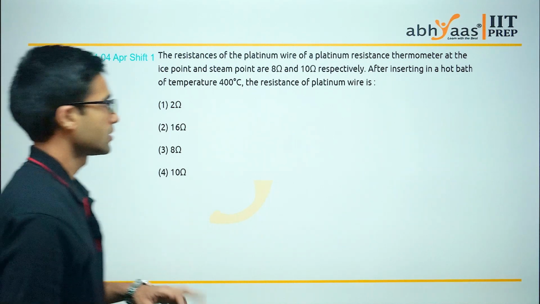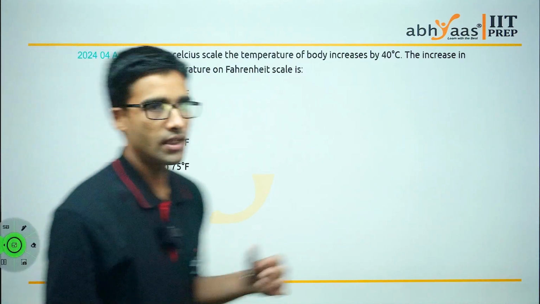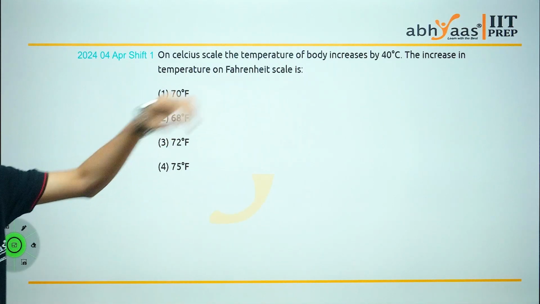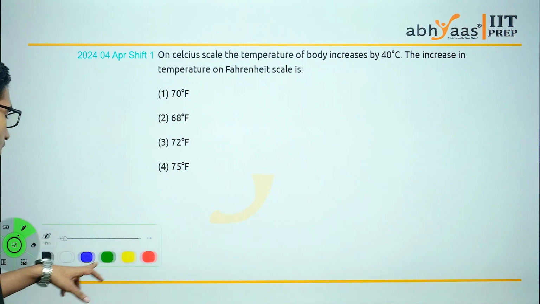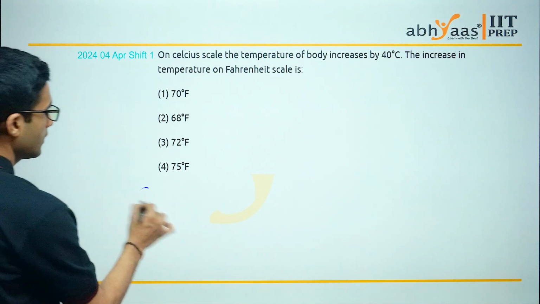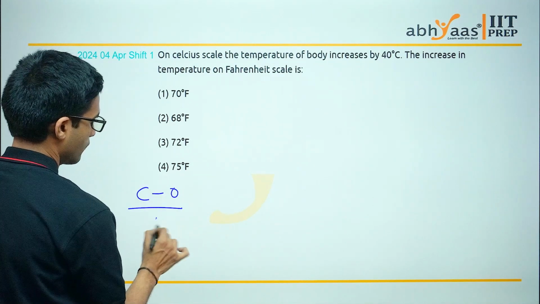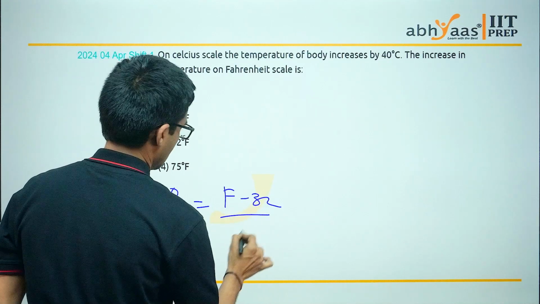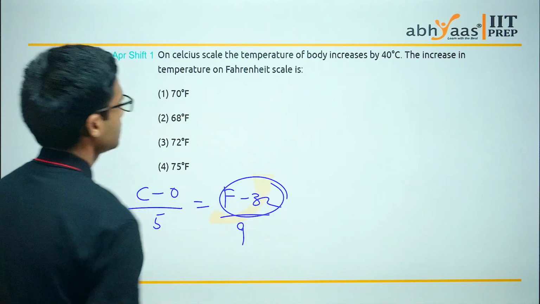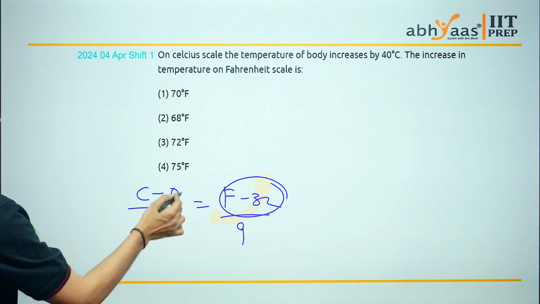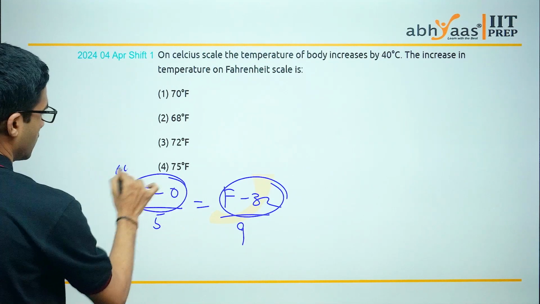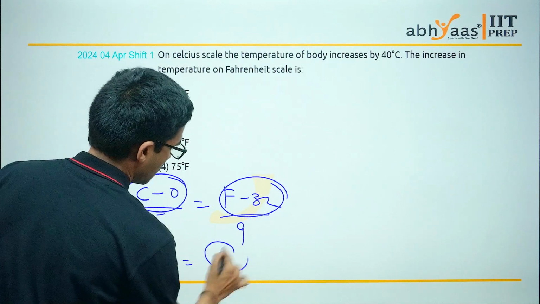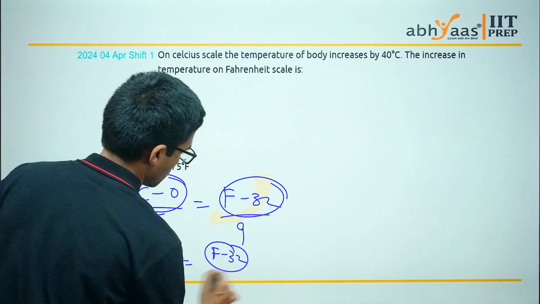Yeah, simple questions, so I am trying to solve in the easiest manner. Another question is on the Celsius scale, where the temperature increase is 40 degrees centigrade. C minus 0 by 5 is equal to F minus 32 by 9. The difference in C is 40, so 40 by 5 is equal to the difference F minus 32 by 9.